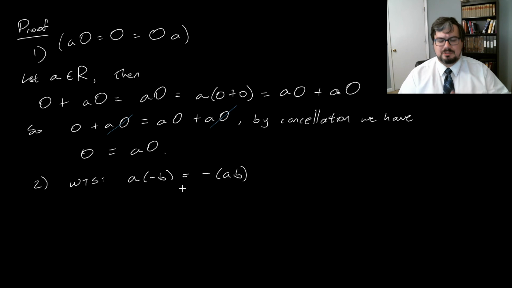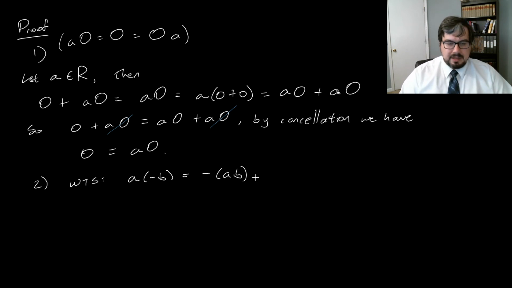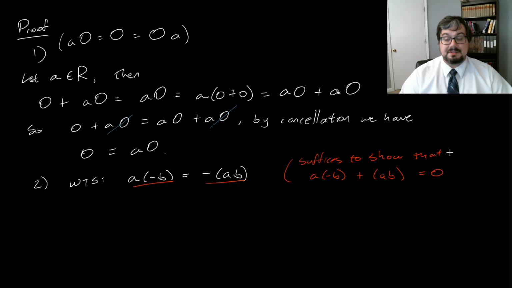In order to show that a times negative b is equal to negative ab, it suffices to show that a times negative b plus ab is the identity. If this is the case, then that means that a times negative b is the additive inverse of the product ab.